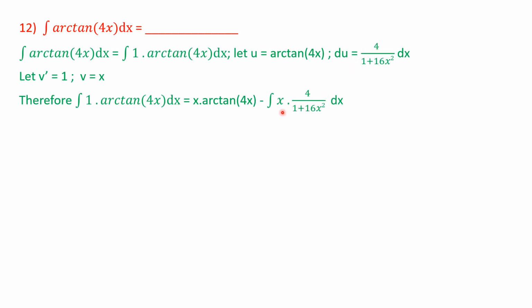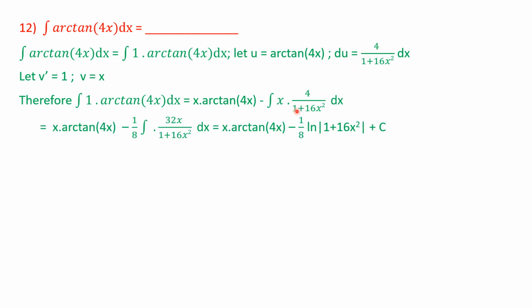So we can observe that over here we have a denominator, but then if we do the derivative of the denominator over here, we get 32x. So we went ahead and put 32x, but that will change the problem unless we divide by 8, because the numerator over here is 4x. 4x will not give us the derivative of the denominator.